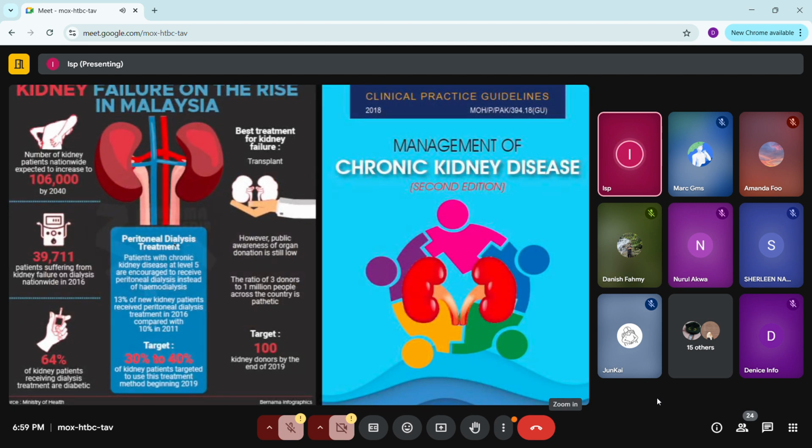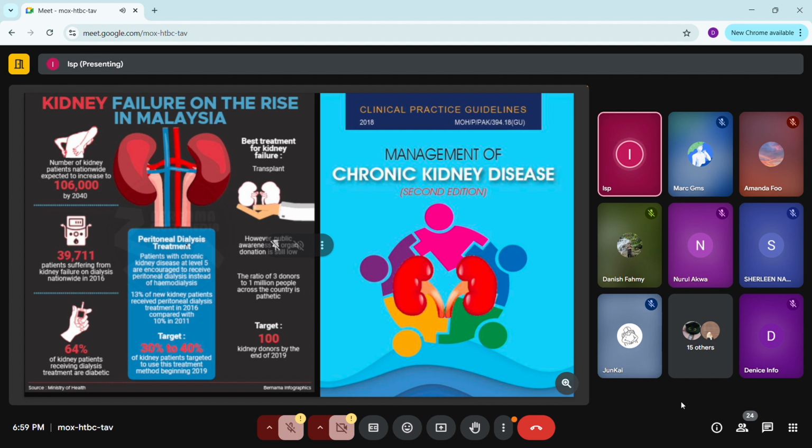In Malaysia, we have our own guidelines for management of chronic kidney disease as well, which is a very extensive guide, including how we follow up, how we optimize each of the factors, and how to manage when the disease progresses into end-stage renal failure.